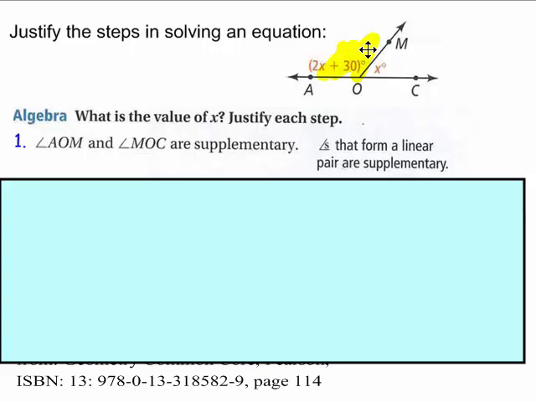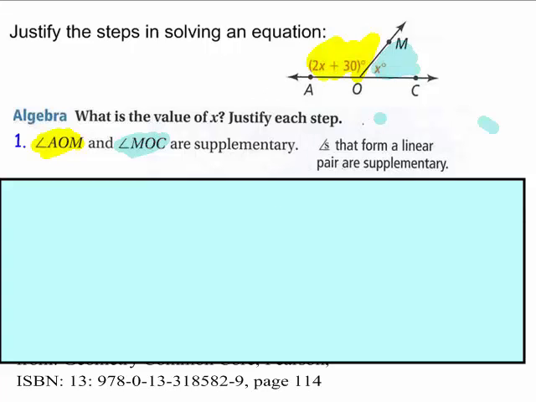So this angle here is angle AOM, and this angle here, MOC, there you go. They're a linear pair, and they add up to 180 degrees, and my pen seems to have vanished. Oh, no, I'm back again.